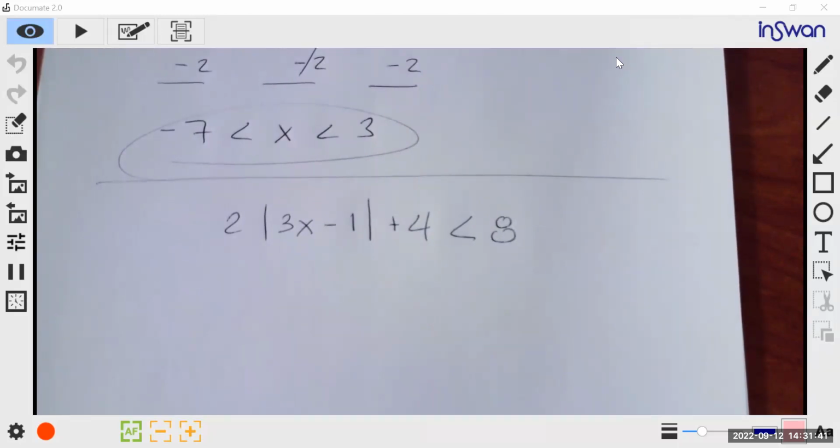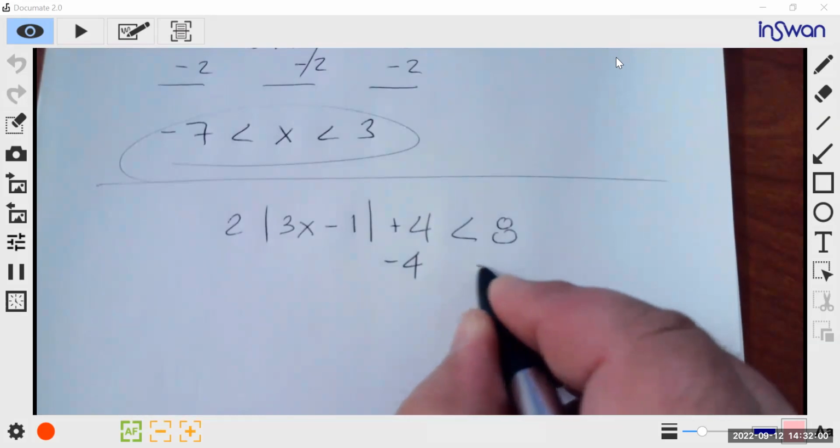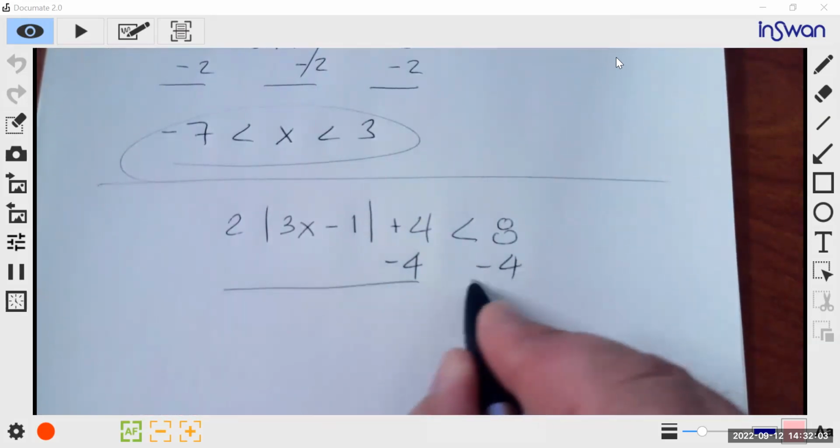Let's look at this one. Your first step is always to do what? You have to isolate the absolute value. So are there any denominators? No, so that's okay. Any plus or minus? Yes, we have to get rid of the plus or minus next. Subtract 4.